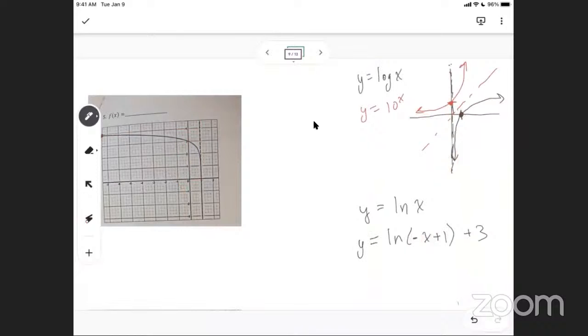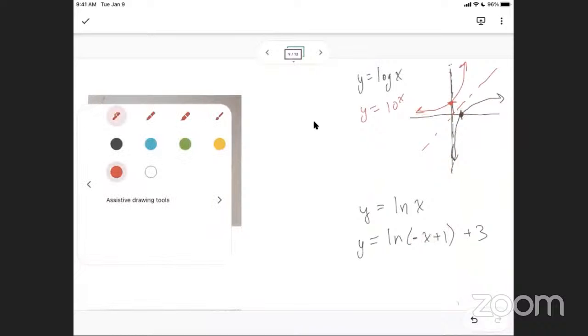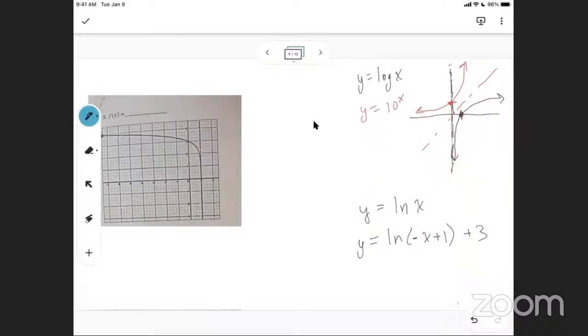Okay. So here's the way you can always check it. When I think I'm done, I always just plug in some values. So when I plug in 0, I should get 3, right? So when I plug in 0 for x, I get the natural log of 1 plus 3. And what's the natural log of 1? It's 0.